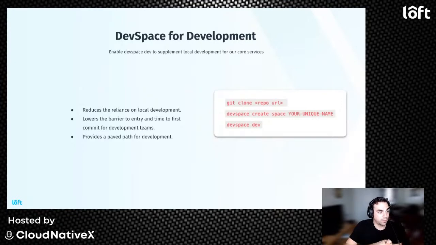With a lot of changes that happen with dependencies, whether you're running a database locally or a queue locally, or even if your processor changes from an Intel to an M1, these things impact how you can run a service locally. If we can abstract away the laptop component and run it in a container that's maintained by our infrastructure team, it lowers the barrier of entry for first-time committers and development teams, and it provides a paved path for development.